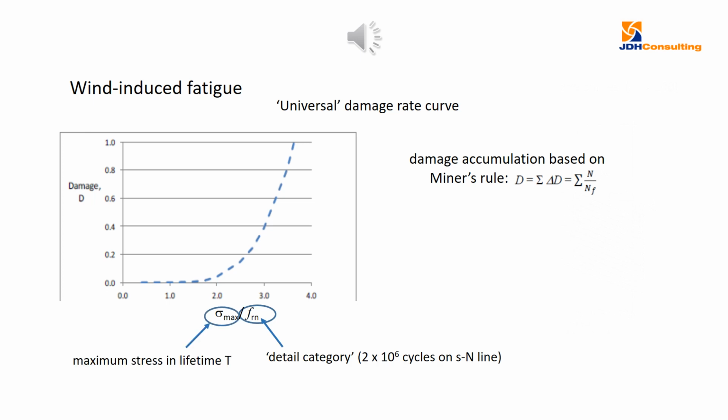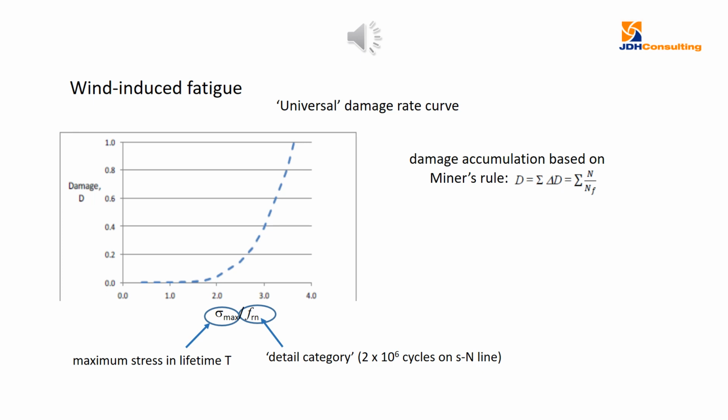So the next step is to compute accumulated fatigue damage using Miner's rule. The loading comes from the stress cycle curve that's in the wind standards, and the number of cycles for damage comes from the SN line.